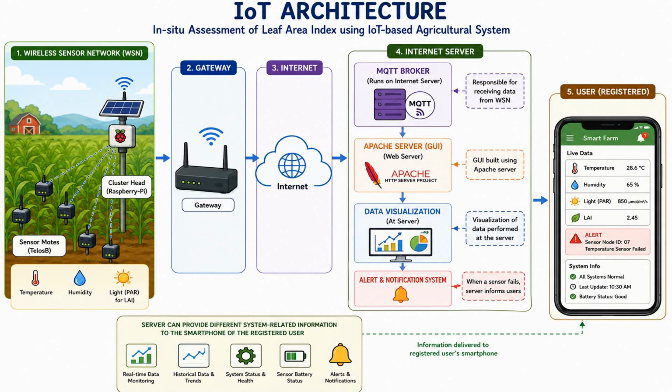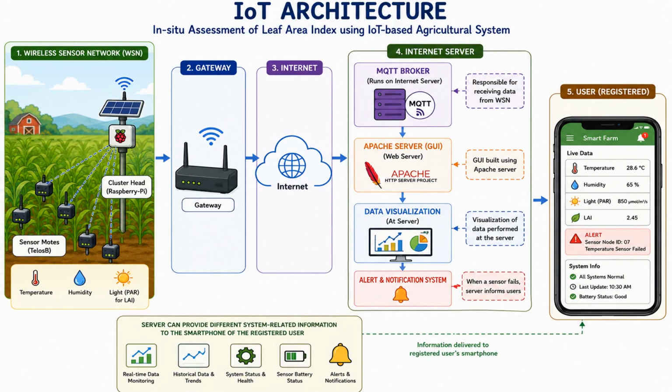The sensor data is processed and visualized directly on the server through charts, graphs, and dashboards. One important feature of the system is the alert notification mechanism. If a sensor node fails or an abnormal condition occurs, the server automatically informs the registered user, and the user receives a notification on a smartphone application.